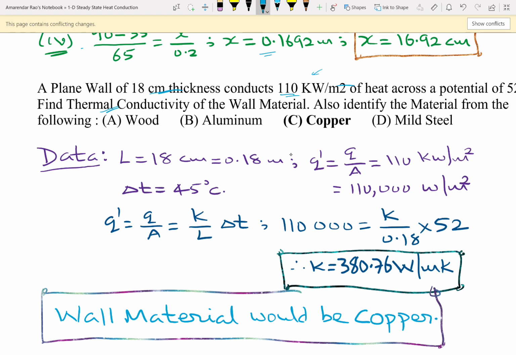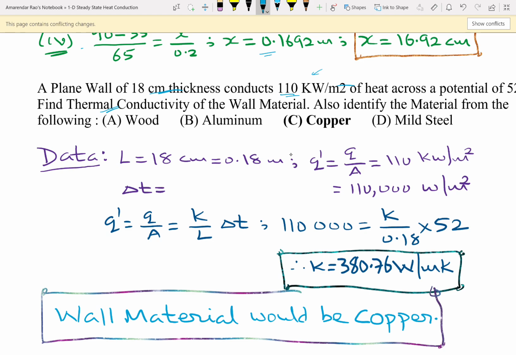So Q prime is equal to Q by A, 110 kilowatt per meter square, and always it should be in watts per meter square. So multiply by 1000, it's going to be 110,000 watts per meter square. Delta T is 52 degrees centigrade as per the given data.